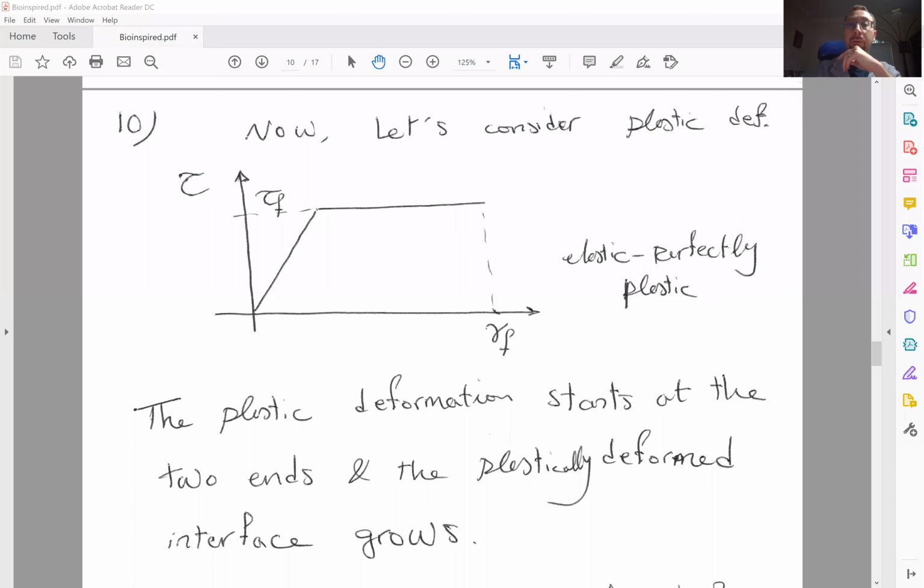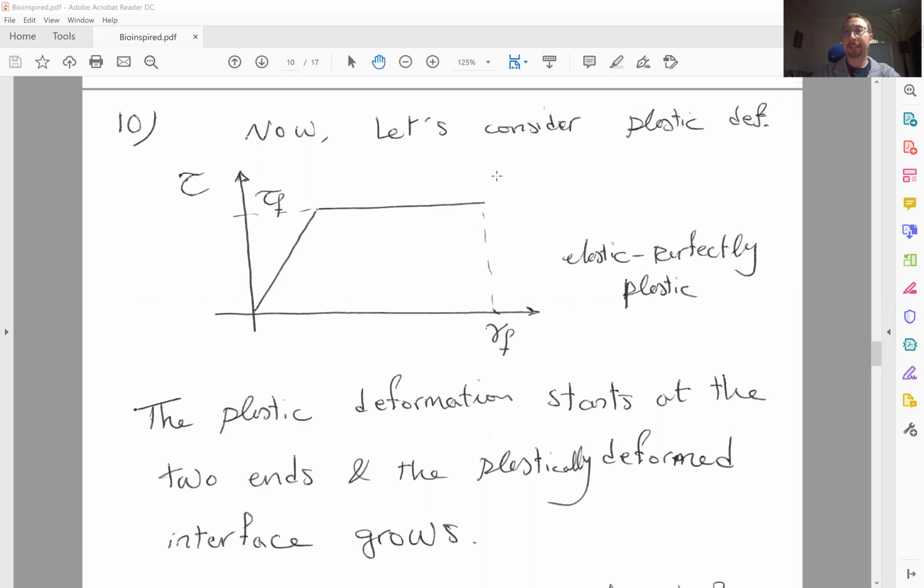We're going now to continue the presentation. So far we've been focusing on the elastic response of the mortar. Now we're going to focus on the plastic response.